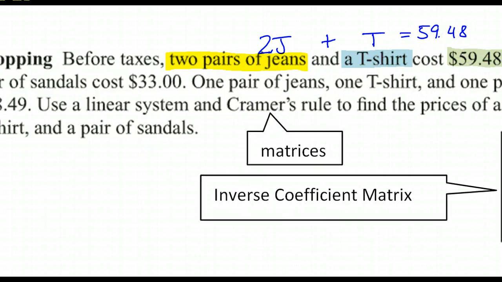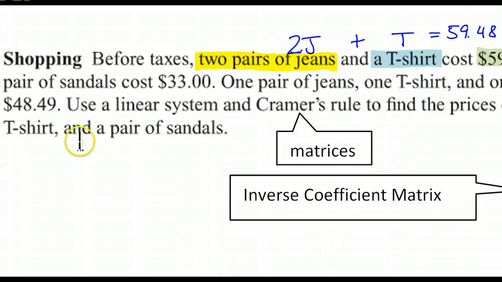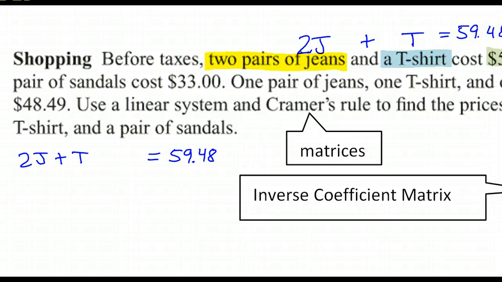So we're gonna have to just make 3 of those. So here we go. So we have 2J plus T. I'm leaving a space because there's going to be sandals, and that's going to equal $59.48. All right, that's my bell for lunch, but I'm just going to finish setting this up.